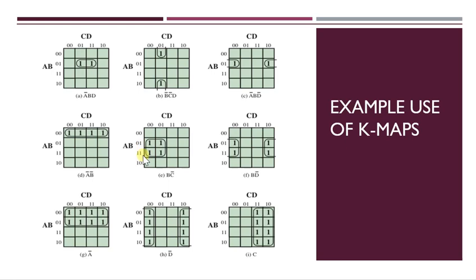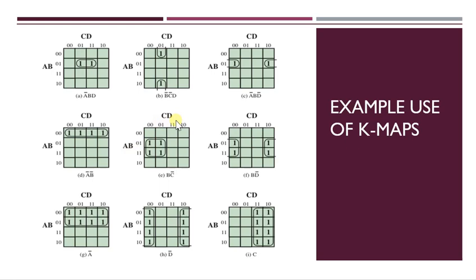To take the correct variable, we take the bits which have no changes at all. So A changes from 0 to 1, and B maintains with 1. So we only take variable B.